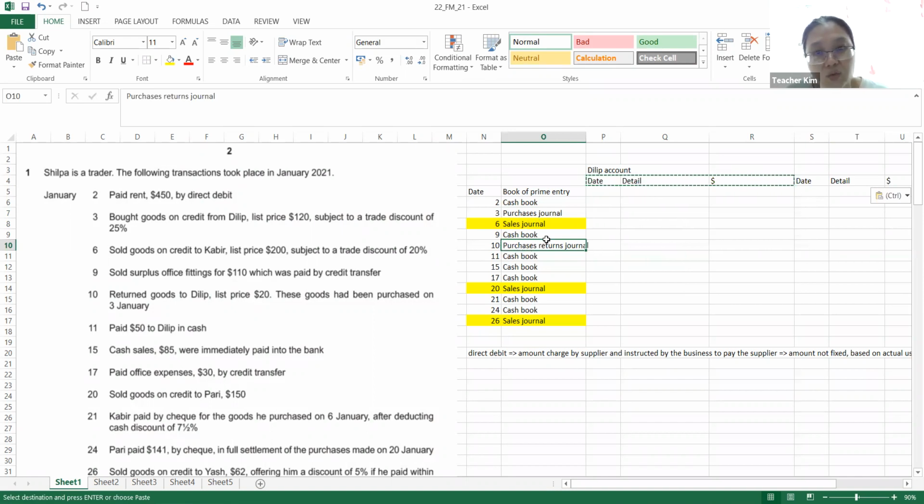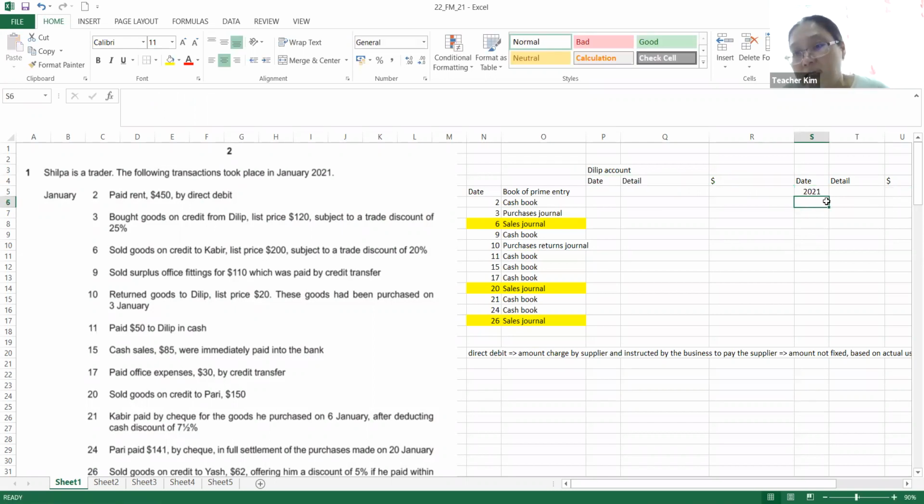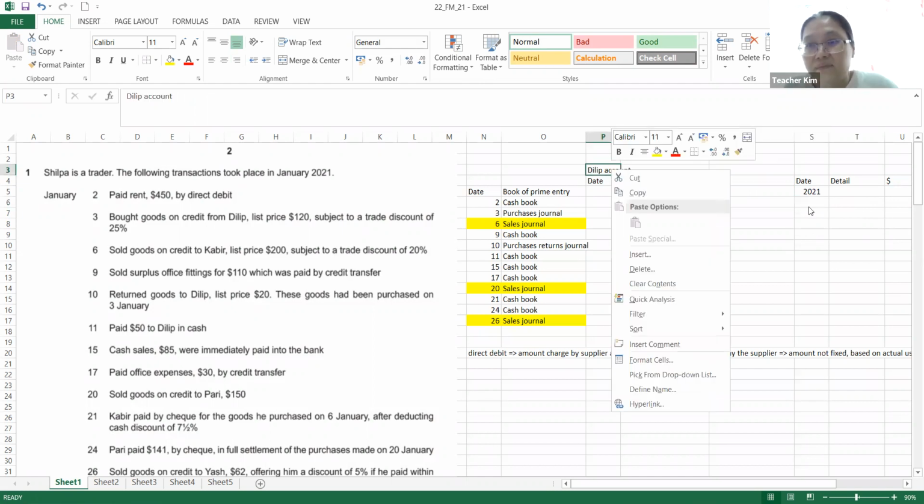These two are related to Dilip. Okay. On the third, bought goods on credit. The double entry is debit purchases, credit Dilip, because Dilip is giving out the goods. So Dilip giving out is on the credit side. Supplier account. This is a supplier account. Supplier.